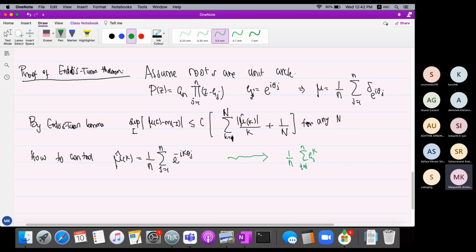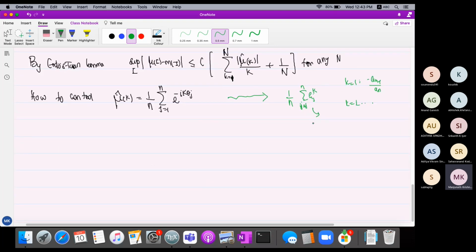It is the sum of kth powers of the roots. So when k is 1, this is minus a_{n-1} by a_n, right? And when k is 2, you can write this as a symmetric polynomial of the roots, which implies that it is actually a symmetric polynomial of the coefficients.